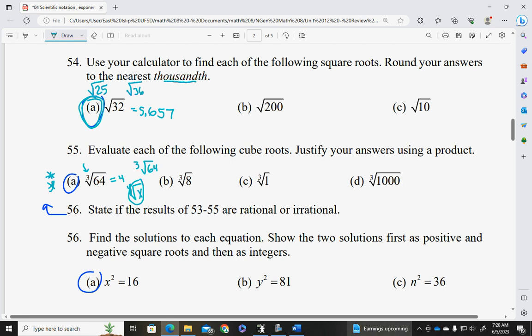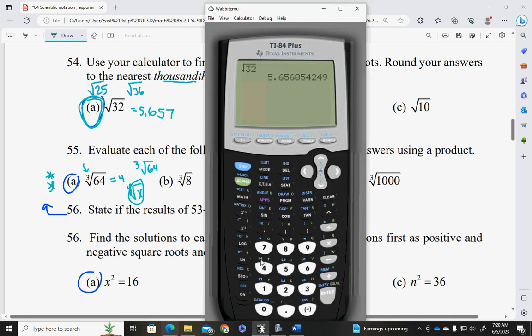Mine's a different button than yours. My number 5 has the X outside and this symbol.